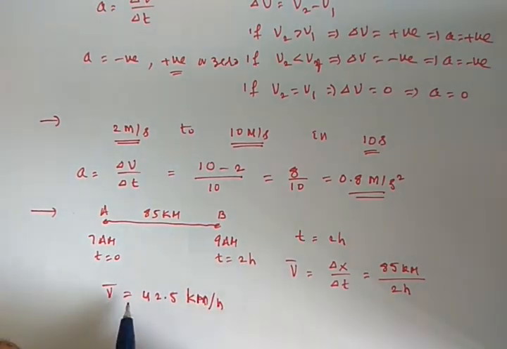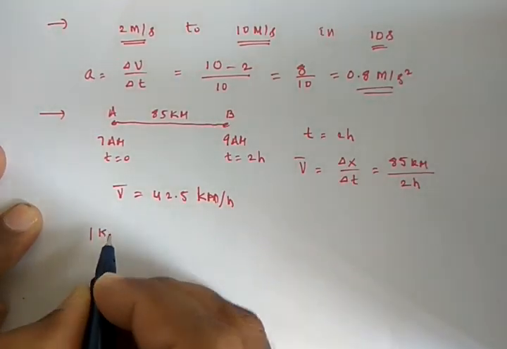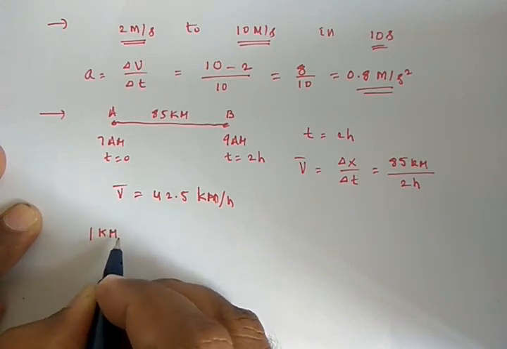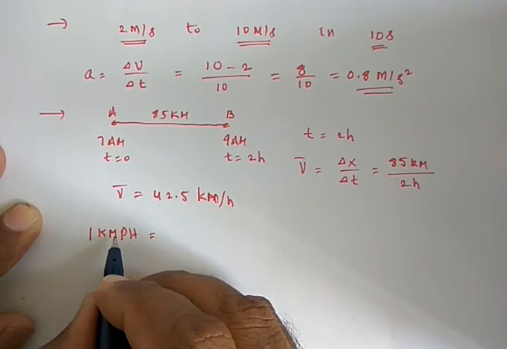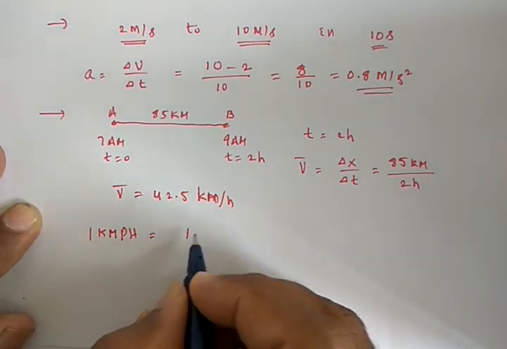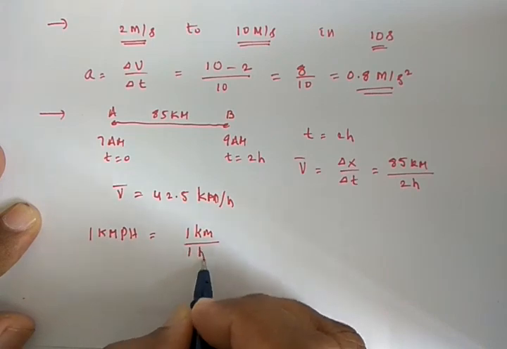So velocity can also be measured in terms of kilometer per hour. Let us see 1 kilometer per hour equals how many meters per second. So 1 kilometer per hour equals 1 kilometer per 1 hour.